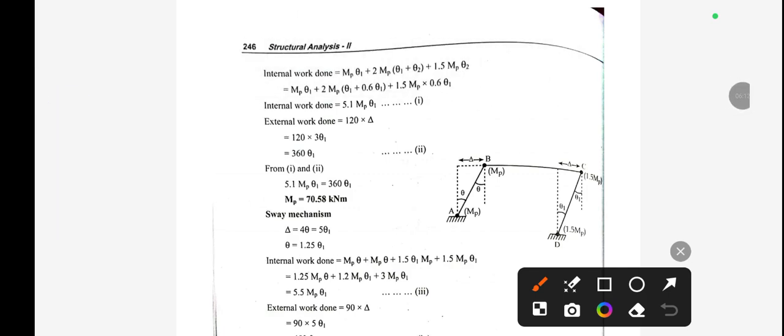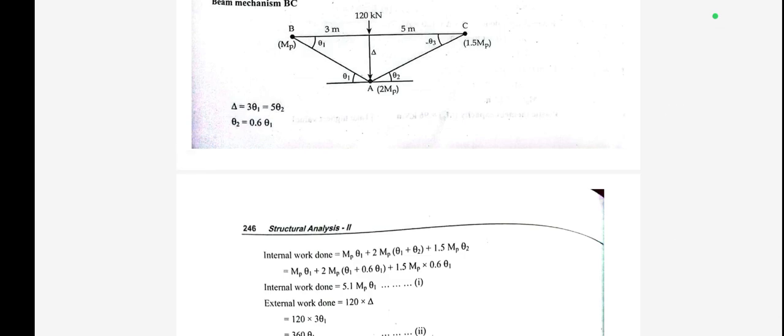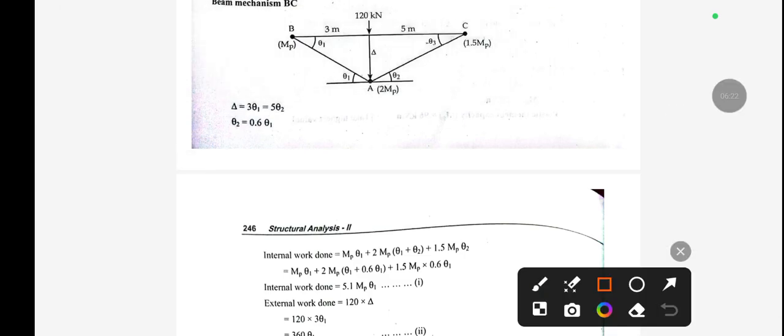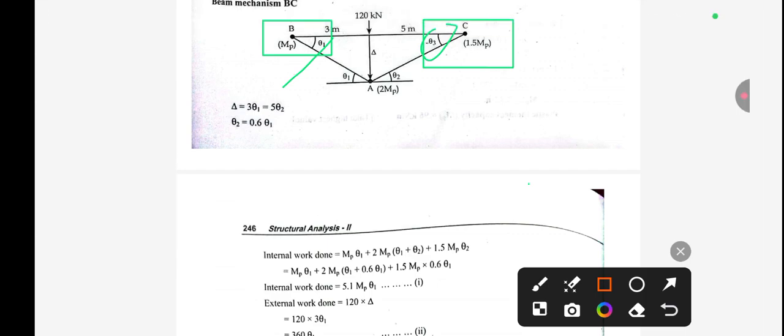Now the value of internal work can be calculated as MP into theta 1, as I have shown here. Okay, for this section, this will be MP into theta 1 because this angle is theta 1, you can see here, and this is theta 2. So for this theta 2, this will be 1.5 MP into theta 2.